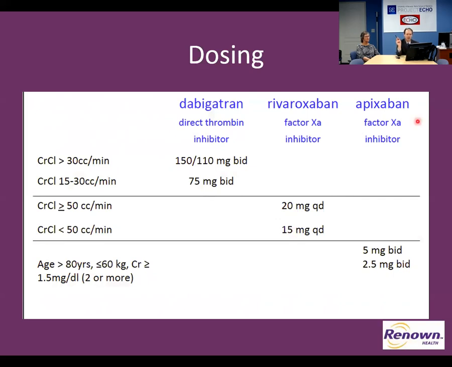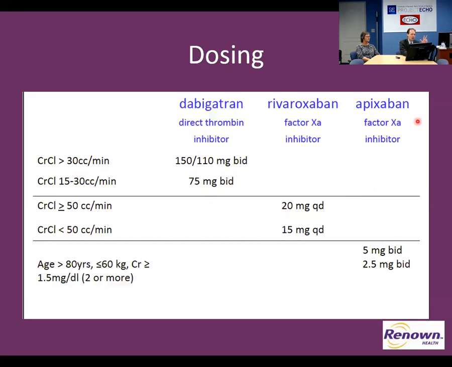Eliquis, or apixaban, also a direct 10A inhibitor, is dosed, it's as simple as ABC is what I tell the residents. So age, body mass, creatinine.